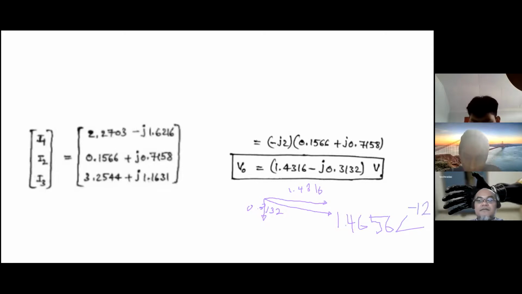Negative 12.34. Okay, good. Correct. Thank you, group 5. Well done.